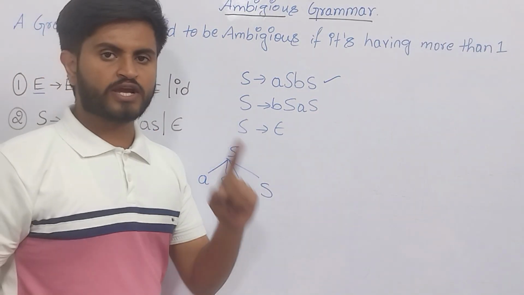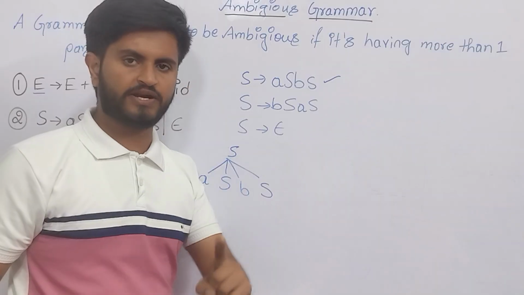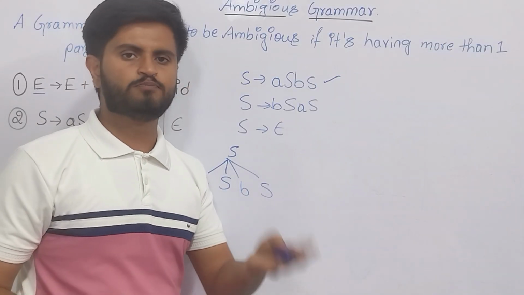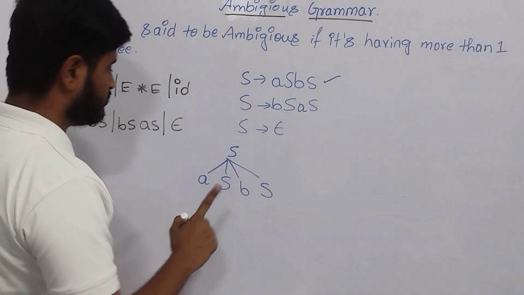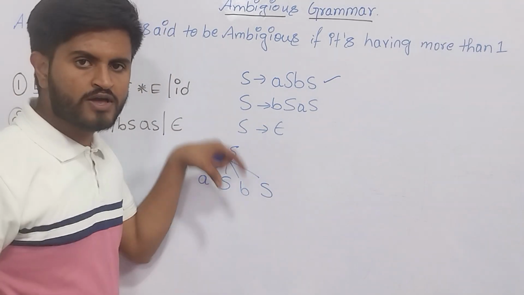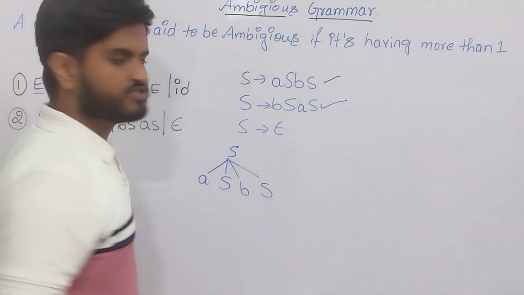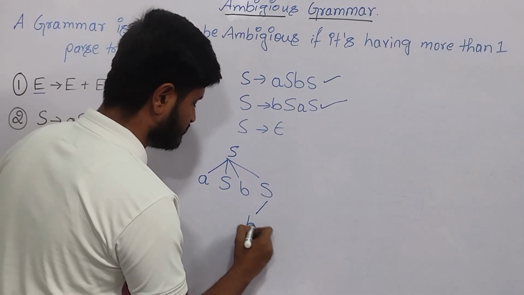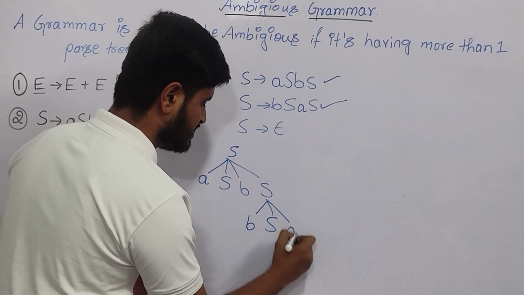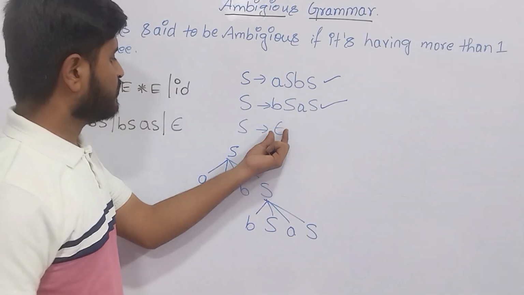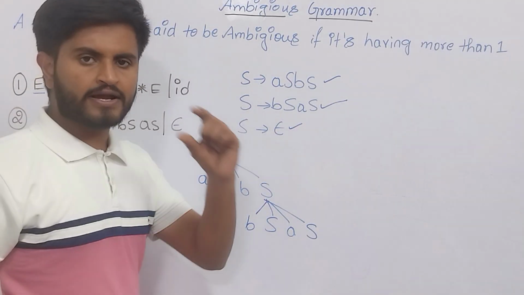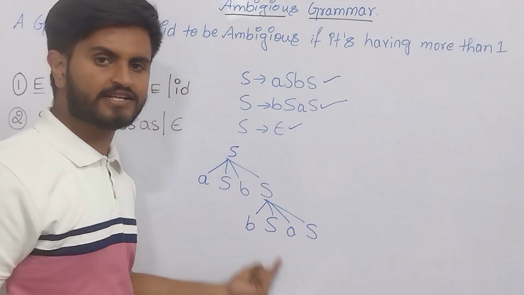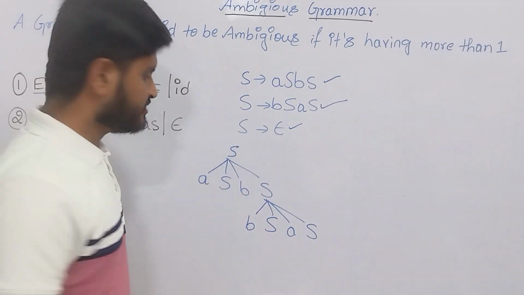Earlier I said you can only expand the tree using capital letters, not small letters or operators. Operators means plus, minus, division and so on. Now you can use this S or this S to expand the tree. The next production is S producing B S A S, so I will use this S: B S A S. Now S producing epsilon. Wherever capital S is in a leaf node, that is, where it has no further child, replace it with epsilon.